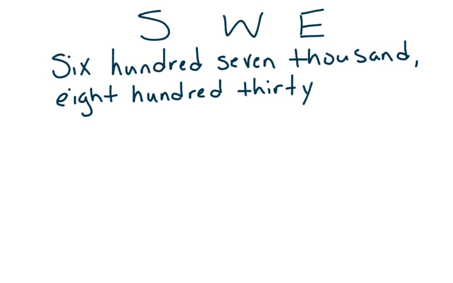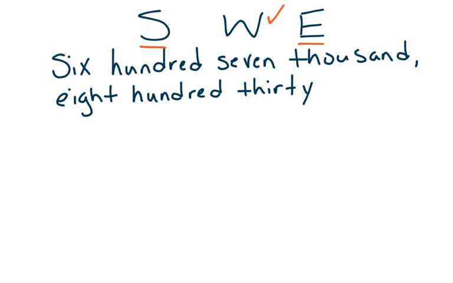Okay, we have the number 607,830, and we need to turn our word form, which is the form we have right now, into standard form and expanded form. Now, it's generally easier if we turn it into standard form first, since that's the number form we're used to seeing the most, and then turn it into expanded form for there. But you can choose which order you want to go in.